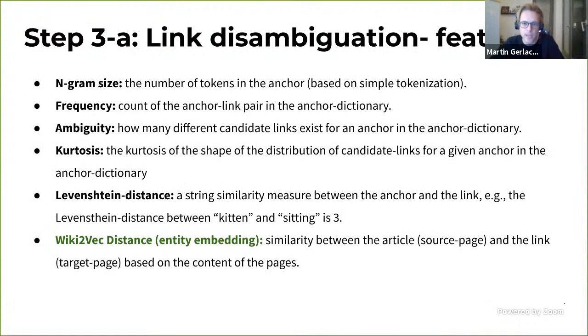After that, we have to disambiguate the link candidates. For this, we use a set of different features associated with the links. One is the frequency, how often we have seen this link before. Another is how similar the title and the page are, or even the semantic similarity between the source page and the target page. For this, we use language models or embeddings.